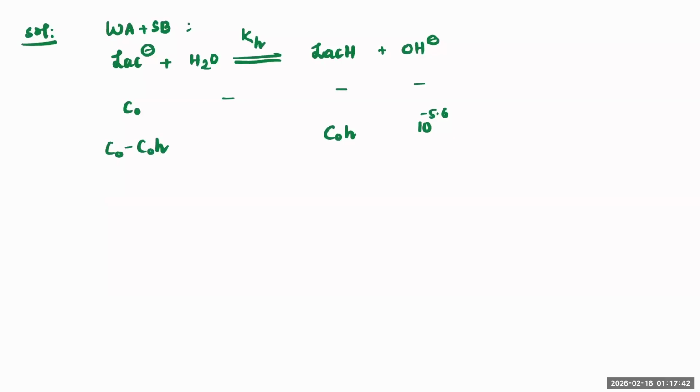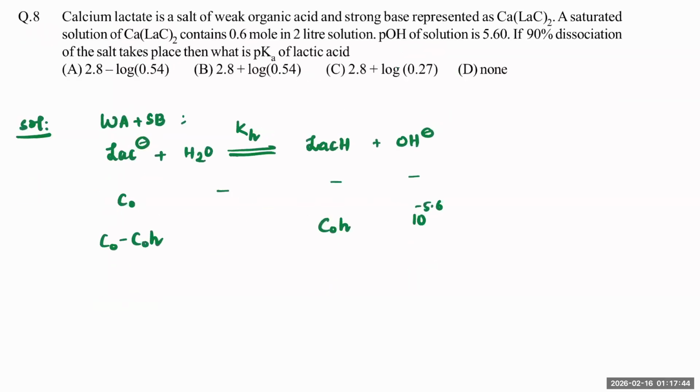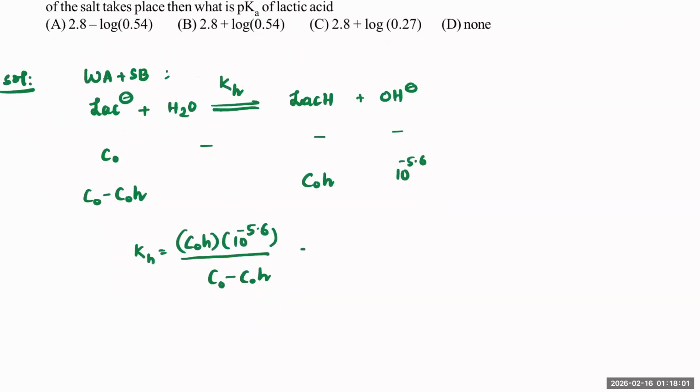Now, using this fundamental, we can write KH is equal to C naught h into 10 raised to power of minus 5.6 divided by C naught minus C naught h. And you know that the KH value can always be written as Kw by Ka.